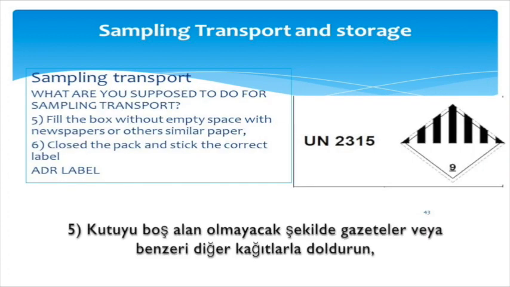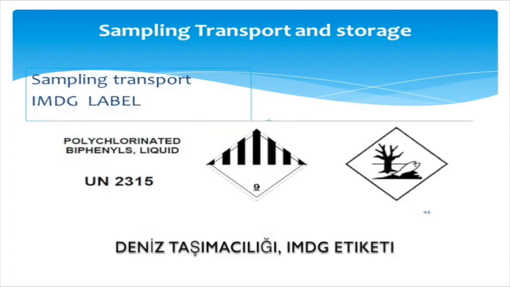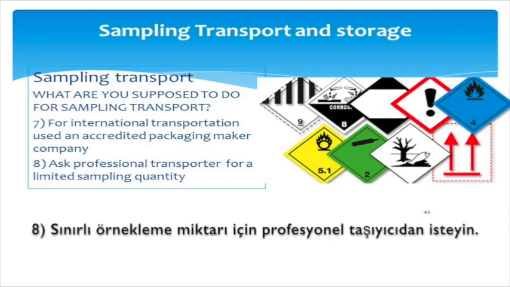Fifth, fill the box without empty space, with newspaper or other similar paper. Sixth, close the pack and stick the correct label, for example the IATA label or the IMDG label. Seventh, for international transportation, use an accredited packing company.